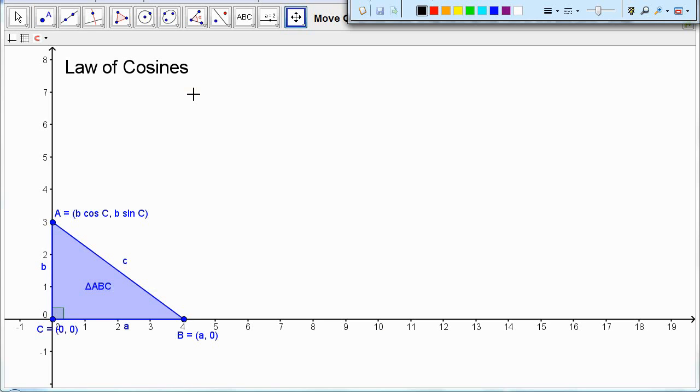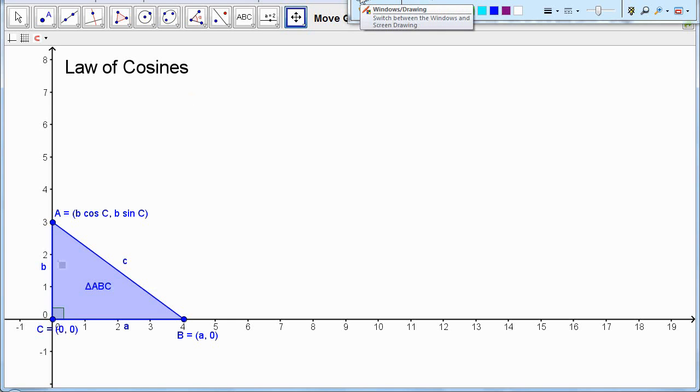Thanks to the power of editing, I've gone ahead and created a 3, 4, 5 right triangle. I'm going to label them b is 3, a is 4, and c is 5. More specifically, it's a 90-degree right angle. What I want to focus on is how the Pythagorean theorem and the law of cosines go together.